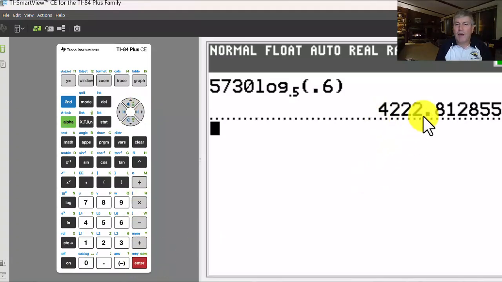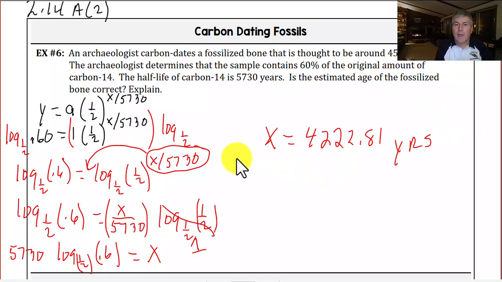And we get 4,222.81 years. And at that, I would say our archaeologist is pretty close. That's a pretty good estimation of the age of that bone.